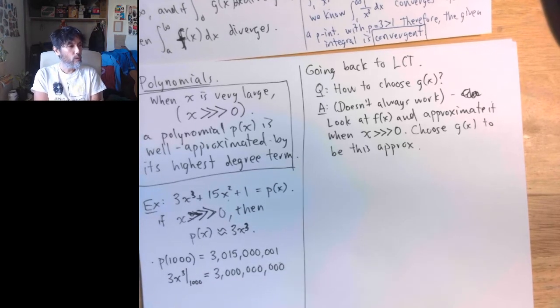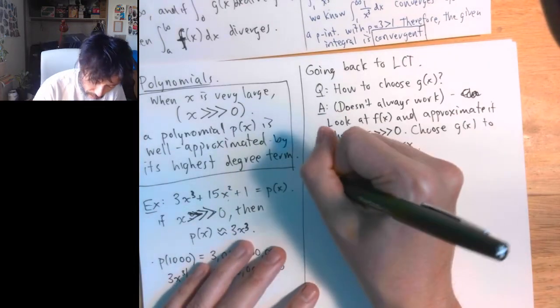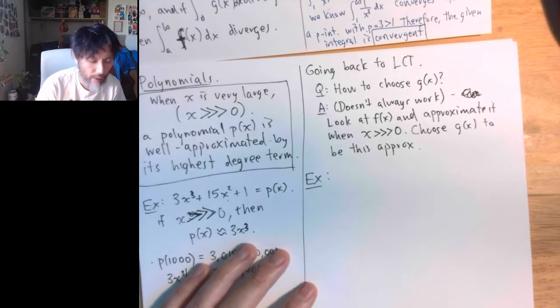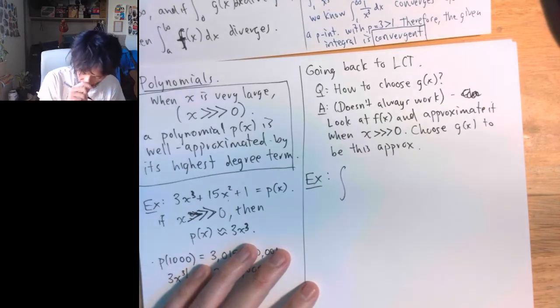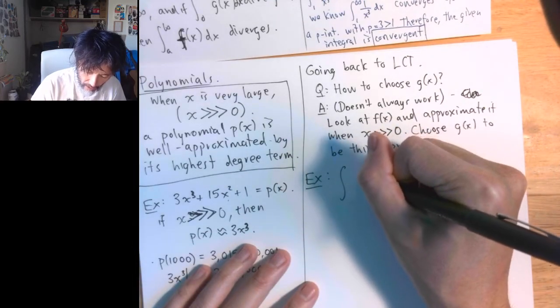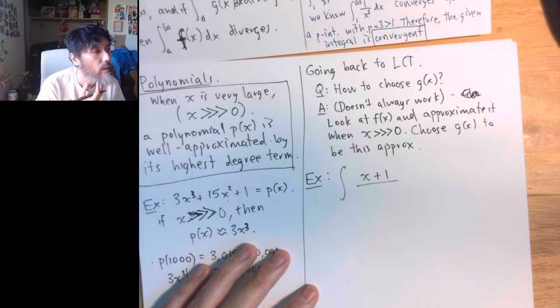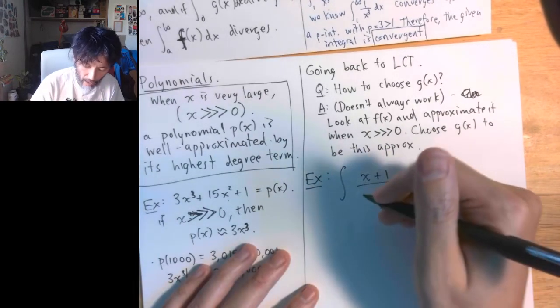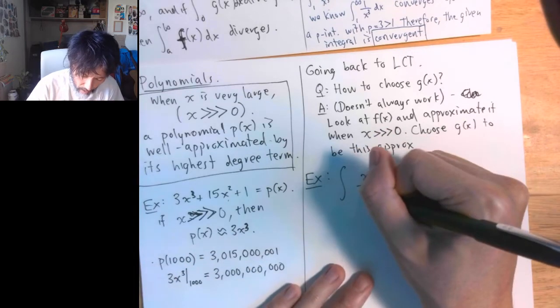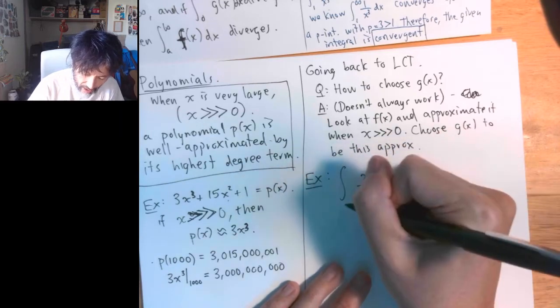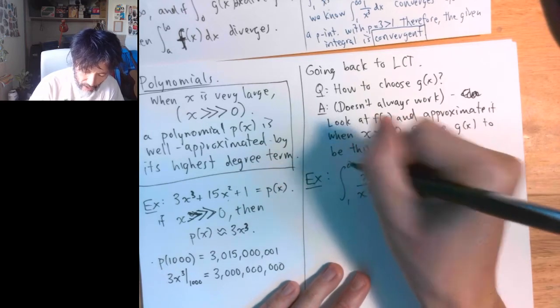Okay, so let me give you a problem to test your ability to use this idea. And let's see if you can kill it. Suppose that we have something like the integral of x plus 1 divided by, I don't know, how about x cubed plus 10x squared. And we'll take the integral to be from 1 to positive infinity.